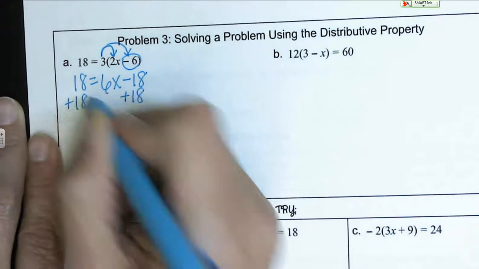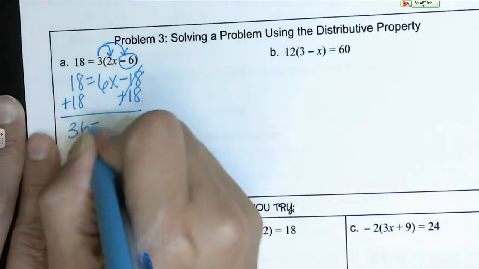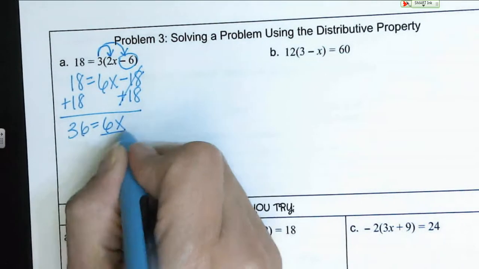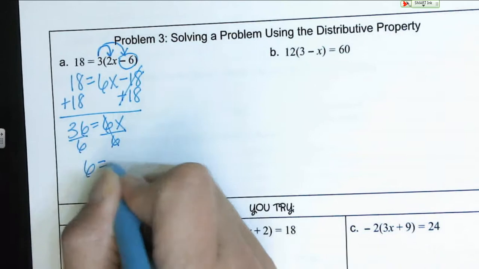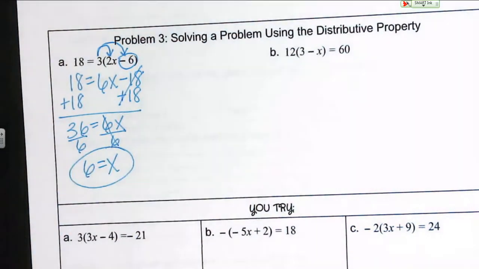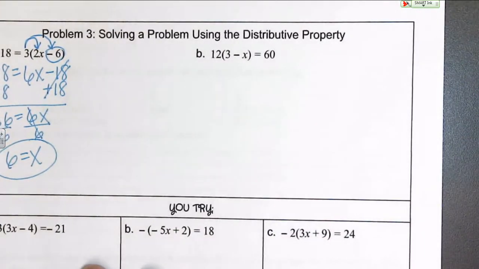Letter B, we'll take this second approach. We have 12 times the quantity, 3 minus x, is equal to 60. Well, if you notice, when we distributed that 3 the first time, we ended up having to divide it out anyways later. So we can just start by dividing it in the first place. We'll divide both sides of the equation by 12. And we get rid of distribution.